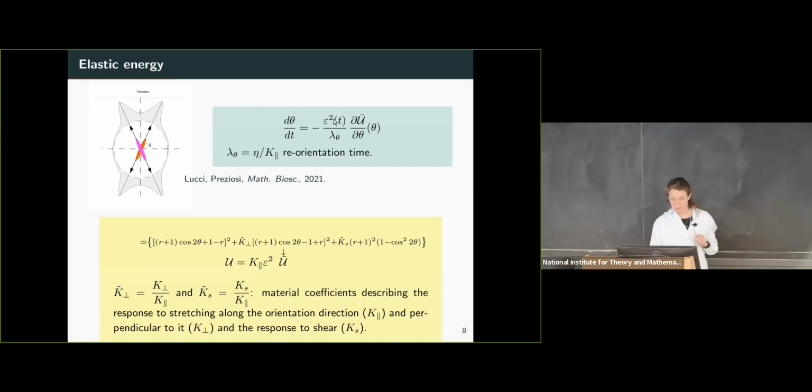Here epsilon is your strain, lambda theta is the reorientation time of the cell, and then you have this mechanical energy bar U. It is very complex, but it comes from a mechanical derivation and involves all the parameters of the system: the biaxiality ratio, the strain coefficient, and all the material coefficients describing the response to stretching along the orientation direction, the perpendicular direction, and also the response to shear.